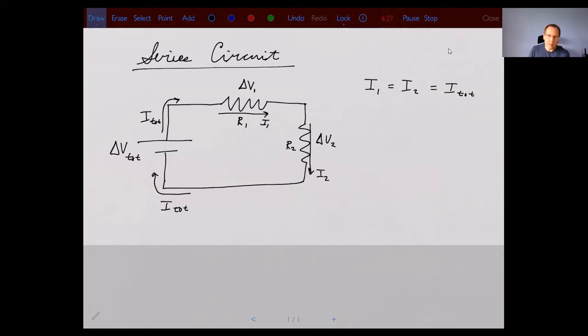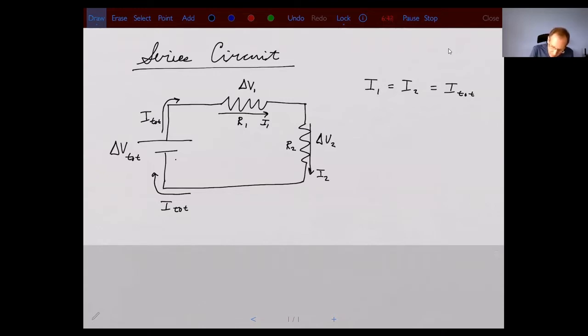Now, what about the voltage drop? Well, it turns out that here at the battery, I'm gaining a certain amount of voltage, say maybe I went up plus 1.5 volts. And then there's a voltage drop across the first resistor and a voltage drop across the second resistor.